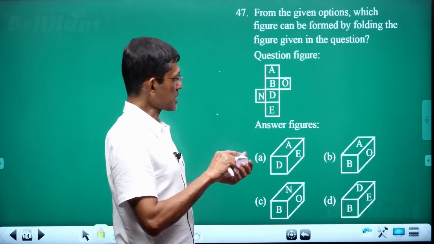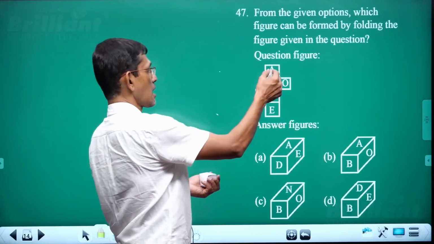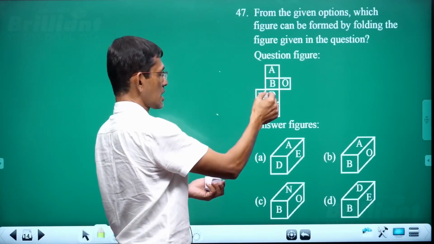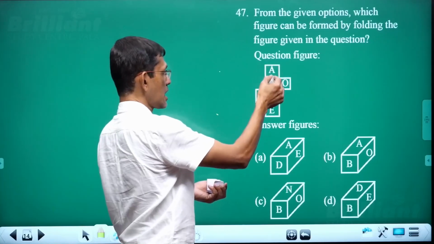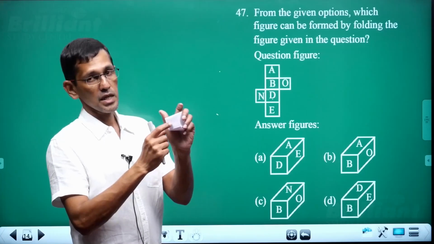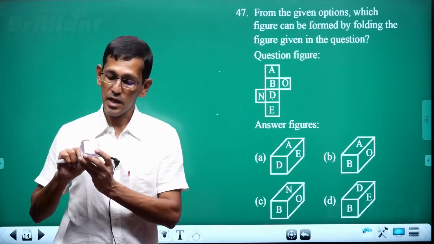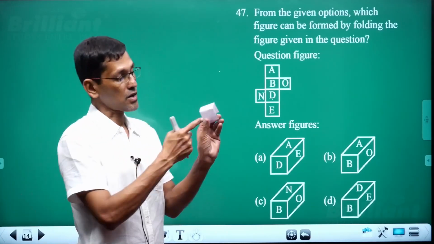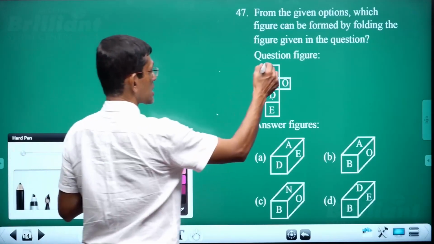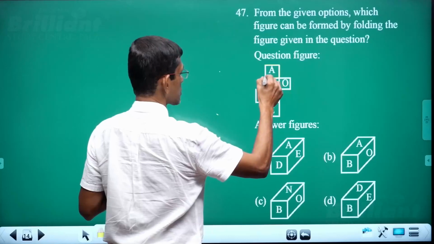At the same time, you can see that A is not adjacent to D. That means A and D are opposite. Here you see D, and you can see the other side is A. So let us mark that A and D are opposite.